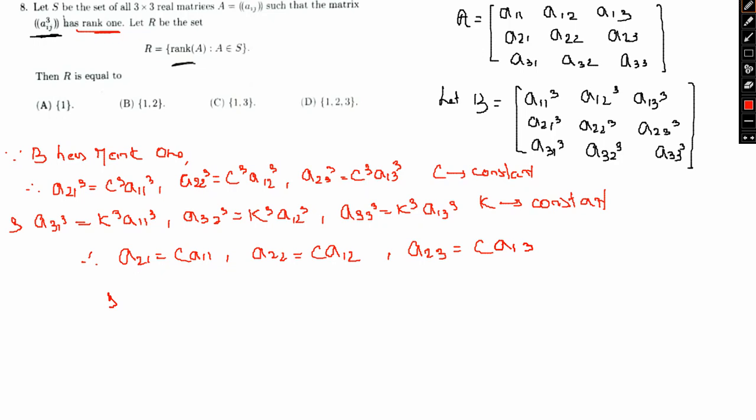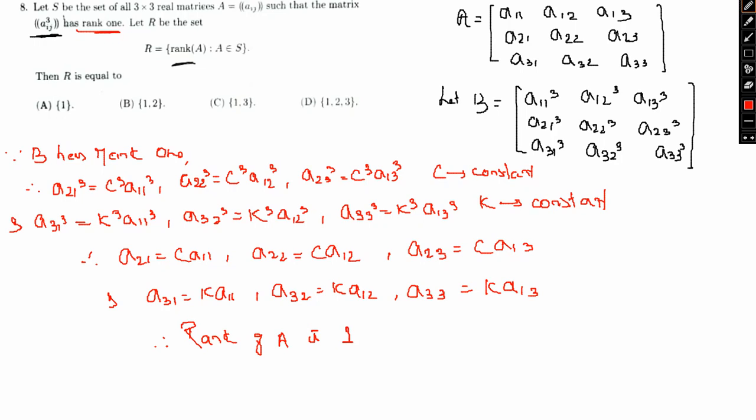Also A31 equal to K A11, A32 equal to K A12, and A33 is equal to K A13. So therefore the rank of A is 1, and R is nothing but 1. So this is our answer. Option A is the right answer.